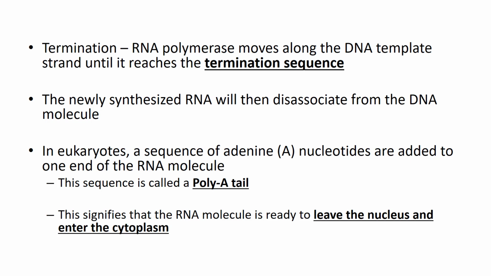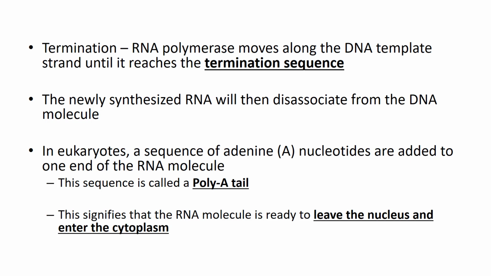Without the poly-A tail, that RNA sequence that we just transcribed will actually be maintained in the nucleus, and it will not leave. So the poly-A tail is an additional level of complexity that tells the cell this RNA piece that we just created is now ready to leave the nucleus.